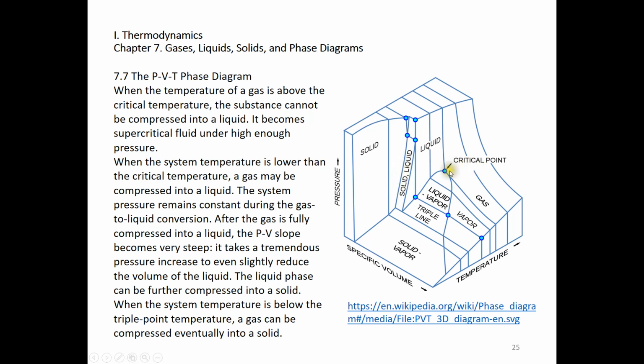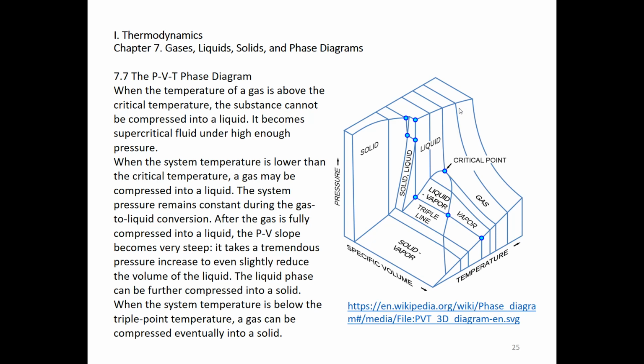All right, and then you may ask, what if the temperature is higher than the critical point? So, for example, this temperature or this temperature, if we keep compressing the volume, keep increasing the pressure, what will happen eventually if the pressure is high enough? When the pressure is higher than the critical pressure, you will get a fluid, and that fluid is the so-called supercritical fluid.